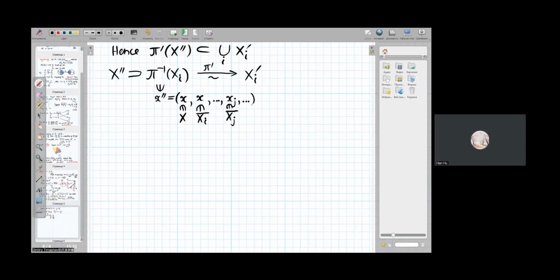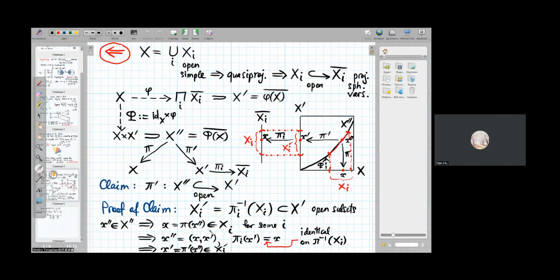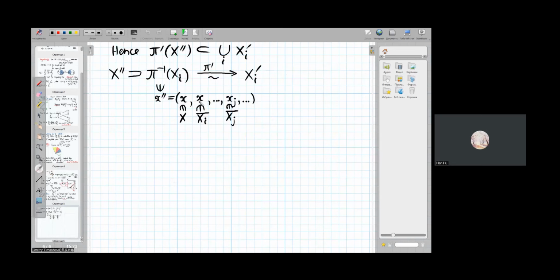All these components give you the point x double bar. When you take the projection to x prime, this x double bar is a pair consisting of x and x prime, and x prime is just the tuple of these components. So all this is x prime.